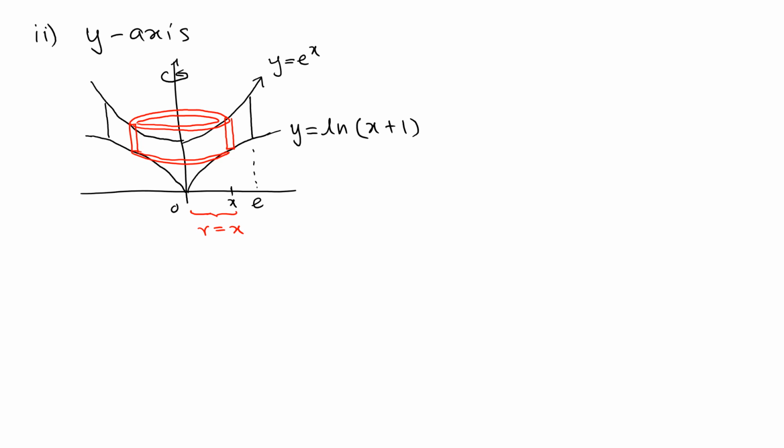And the height is going to be the difference in the two y coordinates. So r equals x, and h is y top minus y bottom. You can see y top is e^x, the bottom is ln x plus 1. So we have all the information.